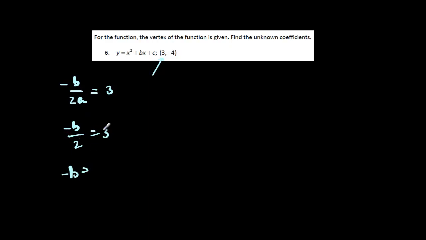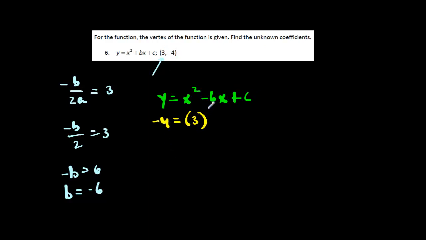Multiply both sides by 2, so b is -6. Now I know b. I'm just going to stick that in there. What I'm going to do is I'm going to stick 3 for x and -4 for y, and then solve for c.